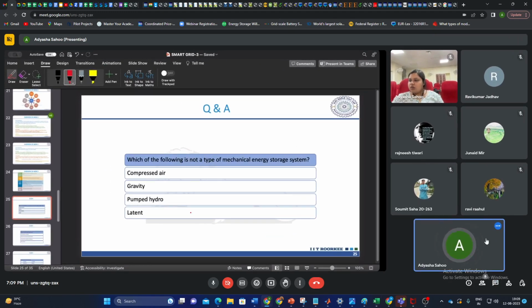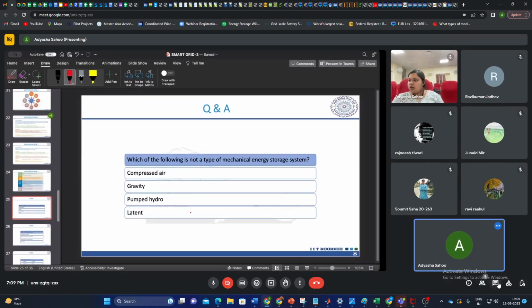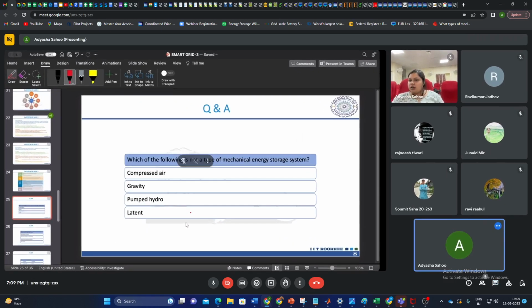So, Mr. Rajneesh Tiwari sir, would you like to say why you think latent is not mechanical energy storage, like under which category it comes, if not mechanical?